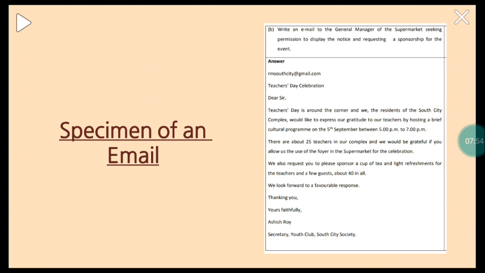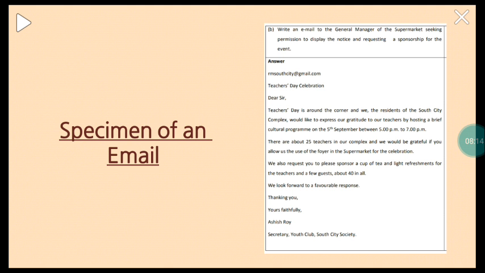We also request you to please sponsor a cup of tea and light refreshments for the teachers and a few guests, about 40 in all. We look forward to a favorable response. Thanking you, yours faithfully, Ashish Roy, Secretary, Youth Club, South City Society.